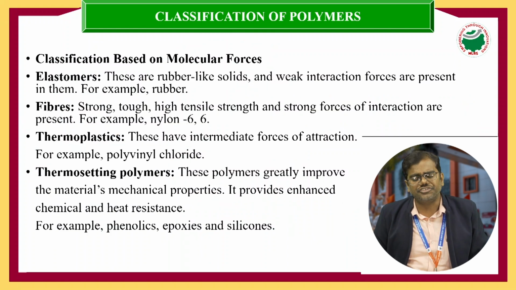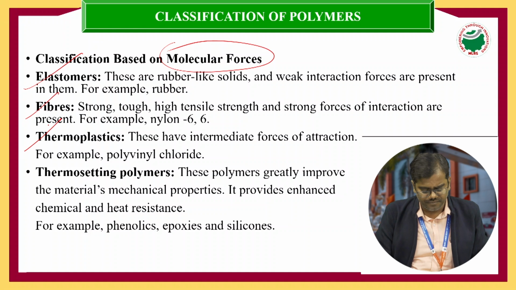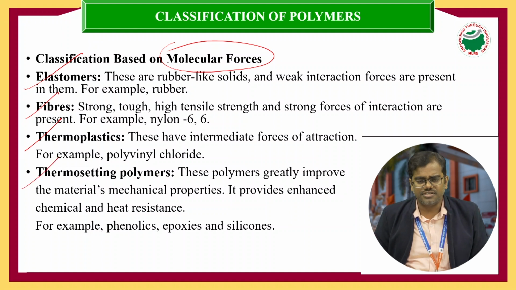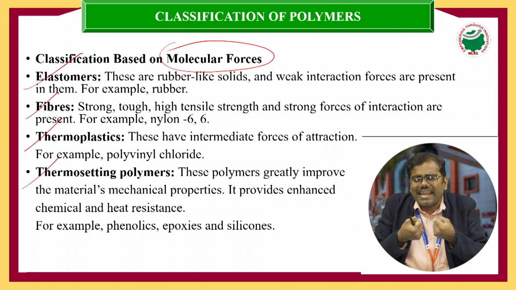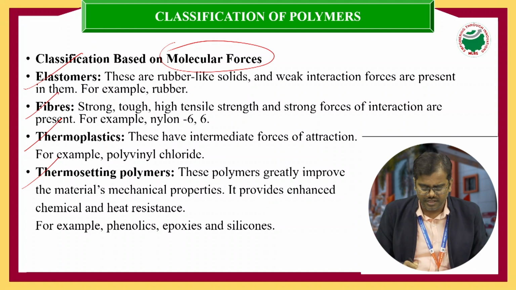And one more classification is based on the molecular forces. One is elastomers, fibers, thermoplastics and thermosetting plastics. See, elastomers are usually rubber-like compounds. Usually they have elasticity and plasticity, and weak interaction forces.